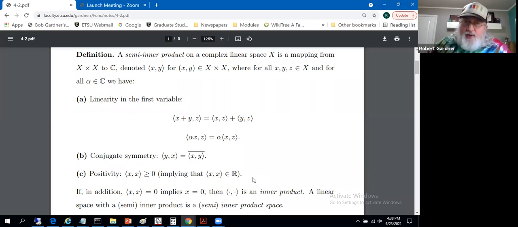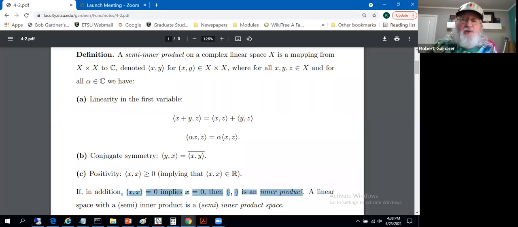Now, what we're not requiring in a semi-inner product, that we will require in an inner product, is that the inner product of X with itself equaling 0 implies X is the 0 vector. In a semi-inner product, we don't have this condition. In an inner product, we do.